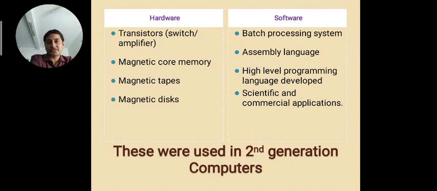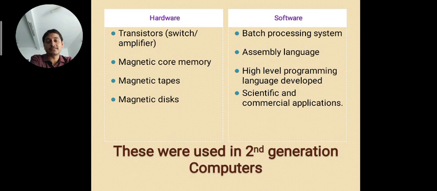And the software used in that generation was the batch processing system. It means that in the second generation it was possible to execute more than one instruction. Batch processing means more than one instruction could be executed at that time. From there they might have gotten the idea of multiprocessing and multitasking.